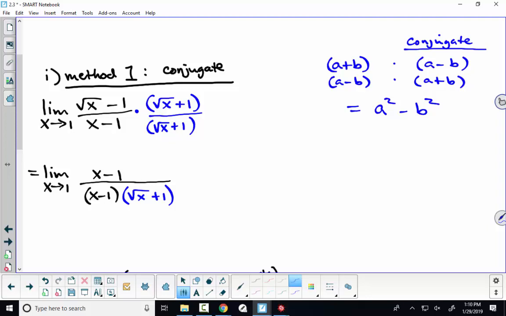Don't ever multiply that through other things. Because correct, we do see now that this factor up top and this factor in the bottom will divide away. So we know our function is algebraically equivalent to 1 over the square root of x plus 1, and we are still computing the limit as x approaches 1.